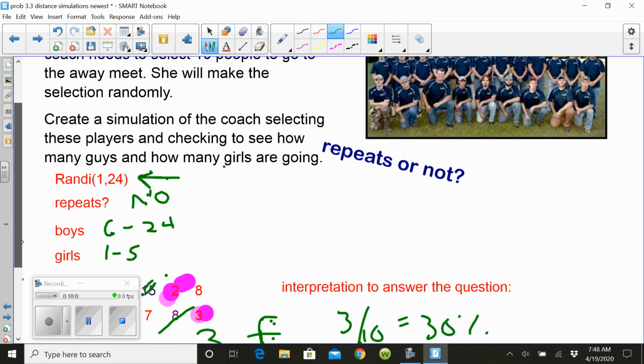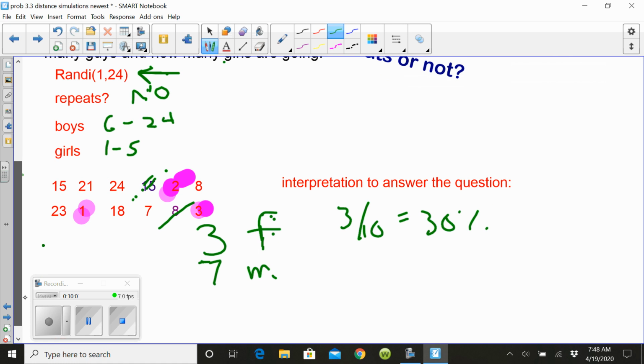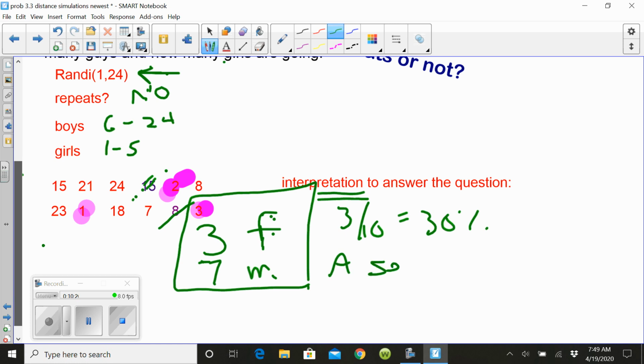I got more girls than I expected, I guess is what I'm saying. And that's part of my interpretation of my data that I got. And to save time on the video, I'm not going to write it out here, but part of my interpretation would be to say that I selected more girls than I thought I would in my simulation.